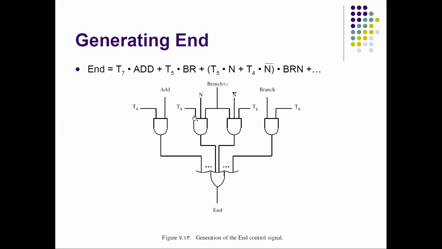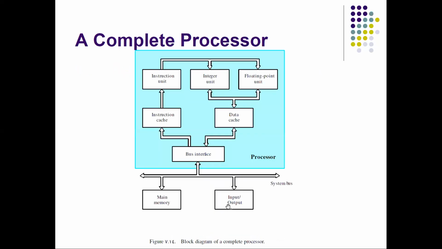I may require T5 dot N, T4 dot N bar with AND combined, which is branch not equal to. So that can be used here. Combining these two, I can use a condition here. So all these three are connected to an OR gate to produce the End control signal. So this is about the hardware control unit.